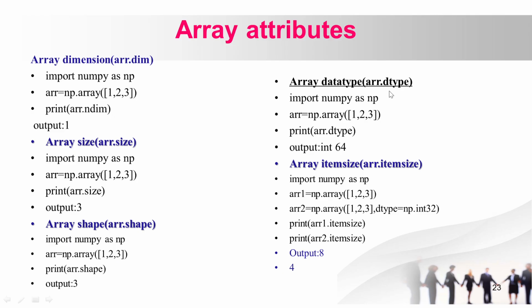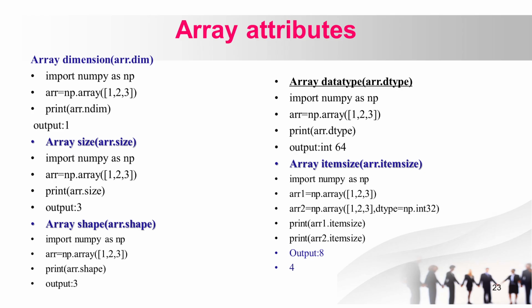Now we move on to data type. Here I am changing the command to dtype. If you do not specifically specify whether it is int32 or int64, it takes int64 by default. Now the next thing is itemsize. It returns the size in terms of 4 bytes or 8 bytes.